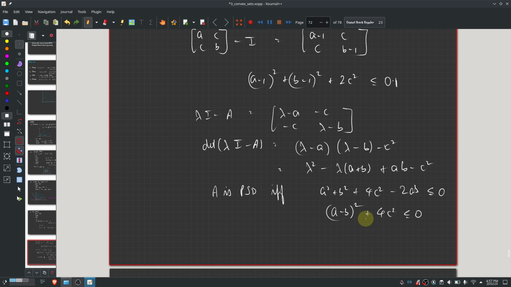Which one? Correct. We can apply that if the whole quadratic equation is... we are not sure that the quadratic... You're not sure. So what should you be really checking?